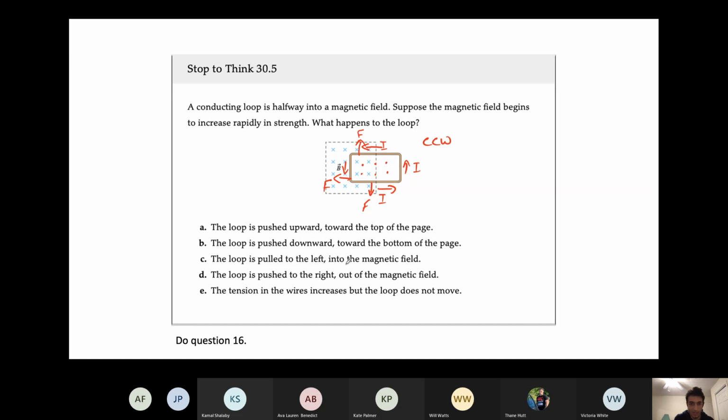Do you have that fact? No, we don't. I said the magnetic field would be out of the page. Will it be pulled to the left, or pushed upwards toward the top of the page? No. Pushed downwards toward the bottom of the page? No. Pushed to the left? Yes. Into the magnetic field.